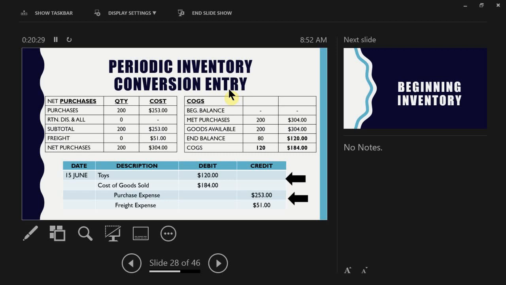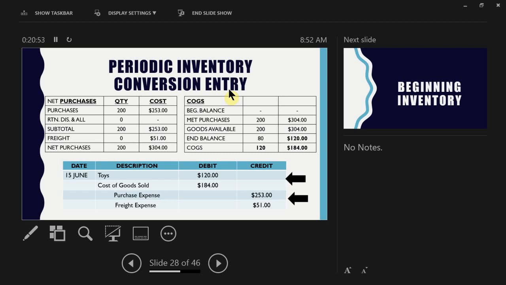We decided that if we get rid of the last batches, how much did it cost me to sell each item? We sold a total of 120 items at $184. Then, of course, you zero out your purchase expense and your freight expense.